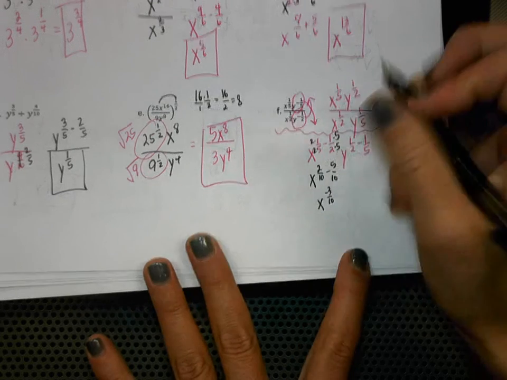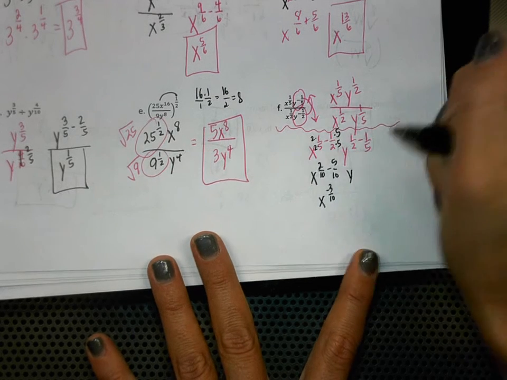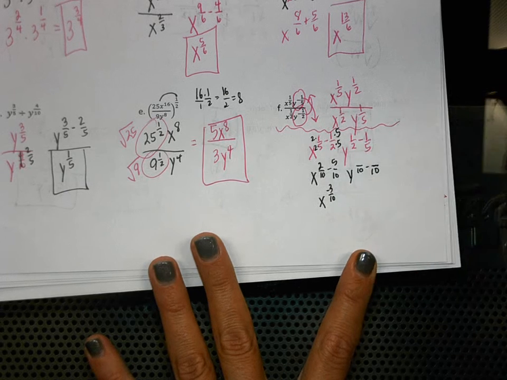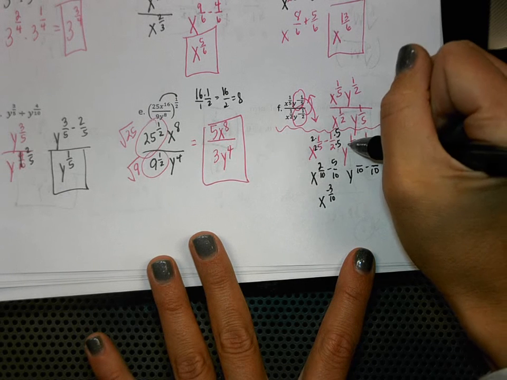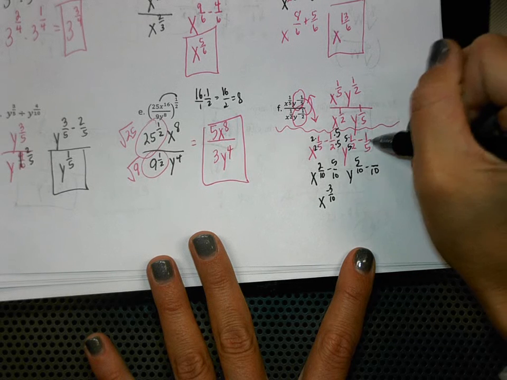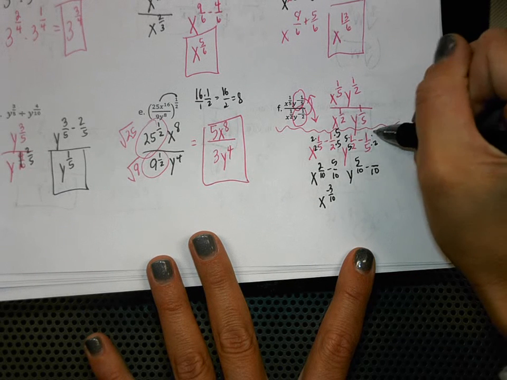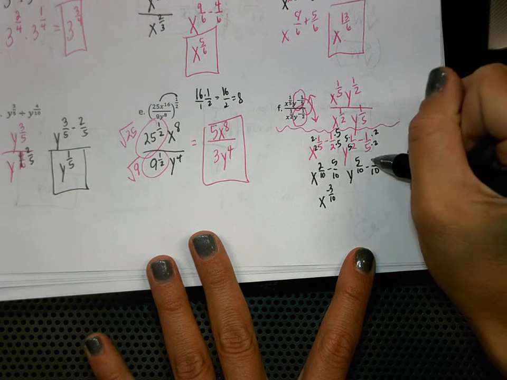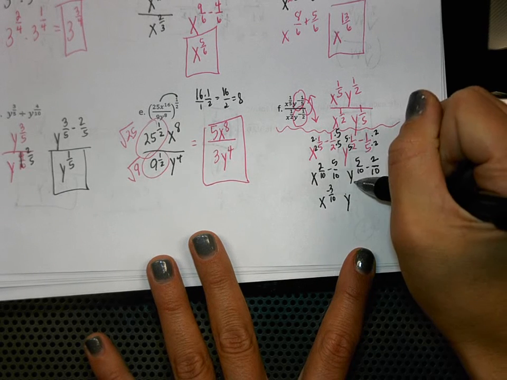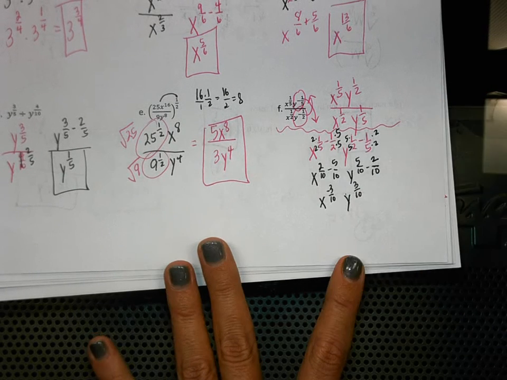Now let's move to the y's. So again, I'm going to use a denominator of 10, correct? And so 2 times 5 is 10, so 1 times 5 is 5. And then we're going to go 5 times 2 is 10, 1 times 2 is 2. And so we get y to the what? 3/10. Okay.